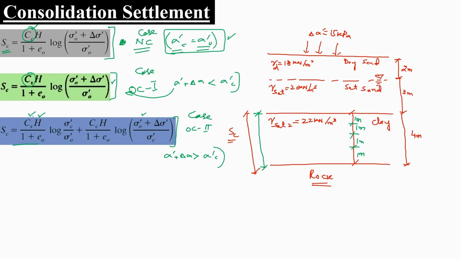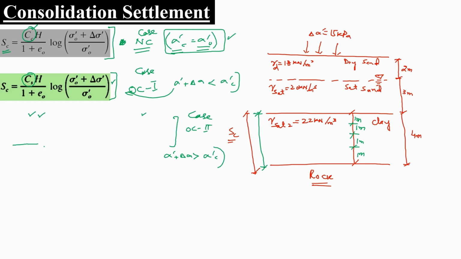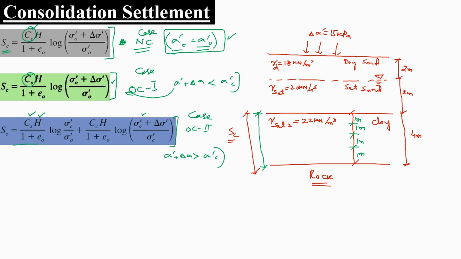H, the height of each layer. Now we have four layers: layer number one, layer number two, layer number three, and layer number four. So every time we will use a new formula. That may be formula number one for normally consolidated clay, formula number two, or formula number three. But you will use these formulae four times. For layer number one you will use a formula, for layer number two you will again choose the formula.